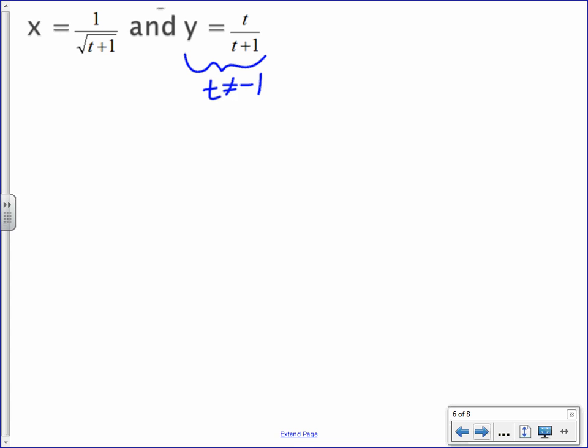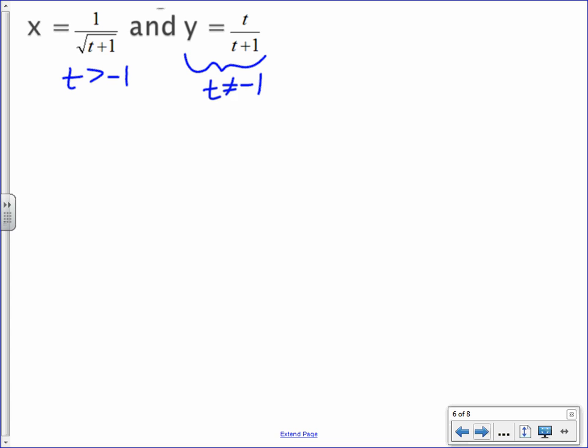Are there any values that are not okay here? Yes, it is 0, right? The square root needs to be bigger than 0. So what t value would correspond to that? T needs to be greater than -1.